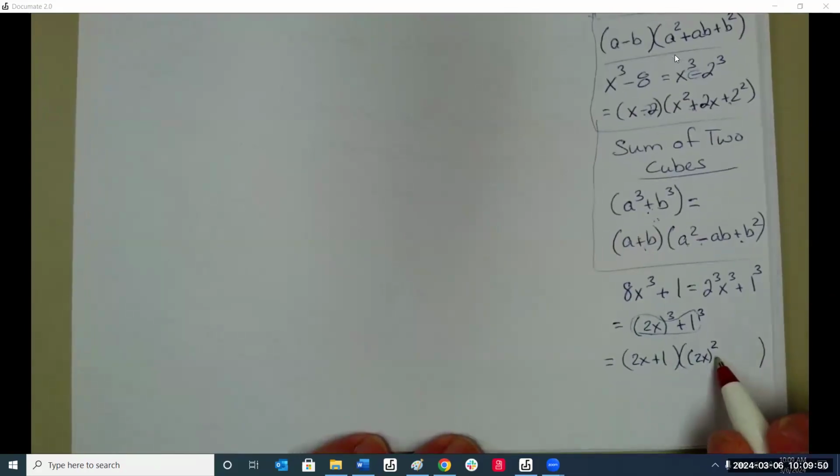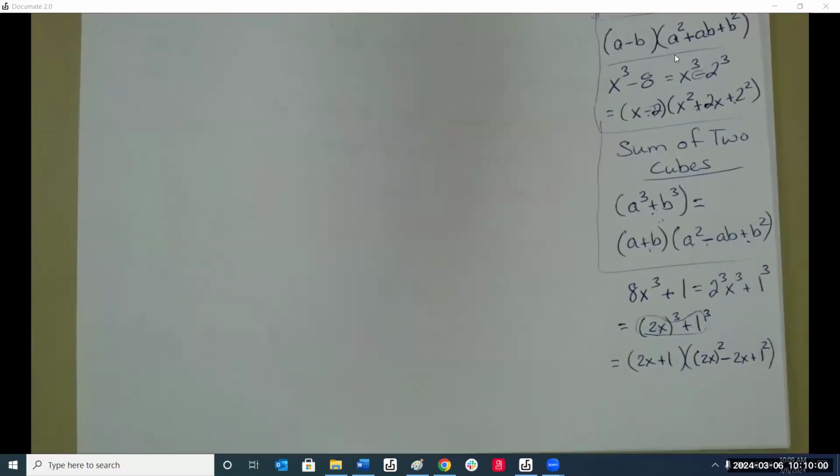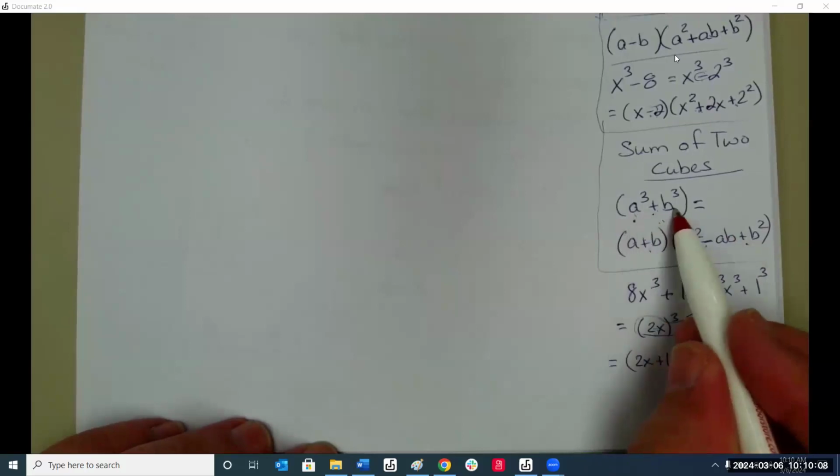The first one, 2x squared, minus these two multiplied together, 2x times 1, and then 1 squared. All you have to do is follow what these are. What is A? What is B?